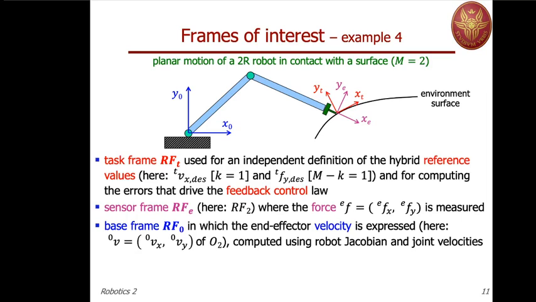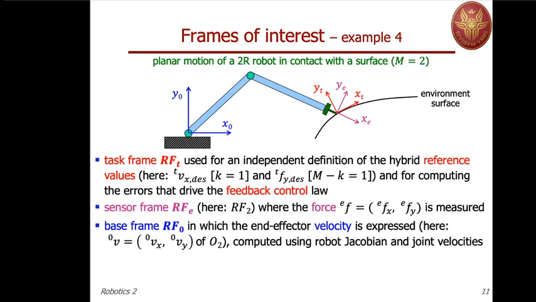But when we compute J of q times q dot, and we have the linear velocity, in this case we will use a 2x2 analytic Jacobian if we wish. These velocities are in fact expressed in frame 0. So there's a base frame where we express velocities.